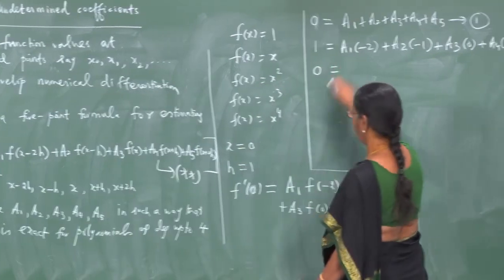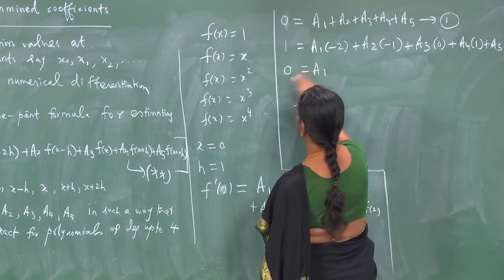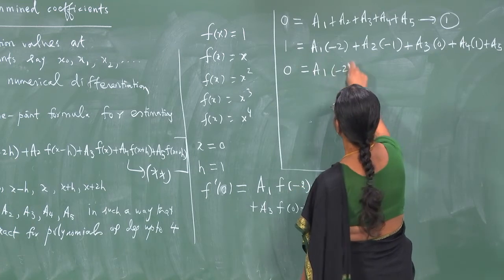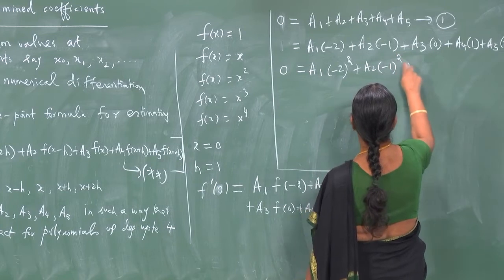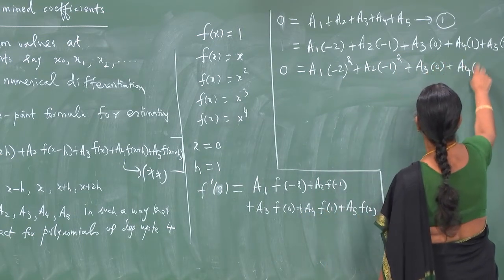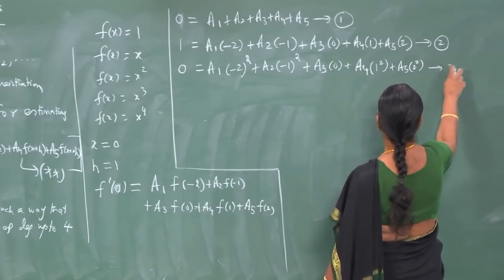So, it will be 0, and that is equal to a1 into f at minus 2, which is minus 2 the whole square, a2 into minus 1 the whole square plus a3 into 0, a4 into 1 square plus a5 into 2 square.